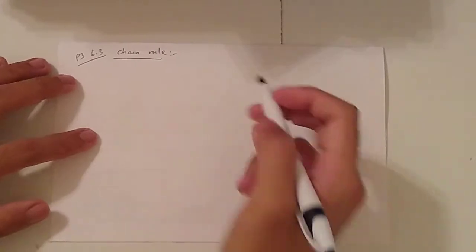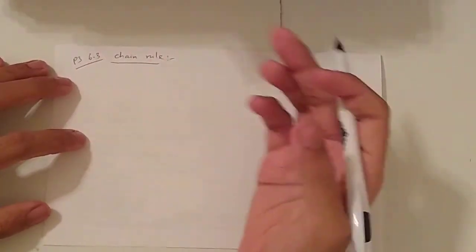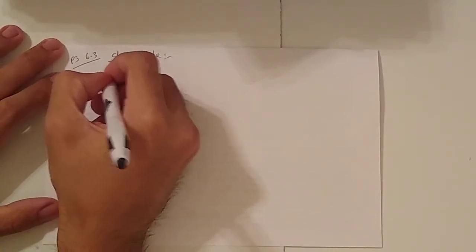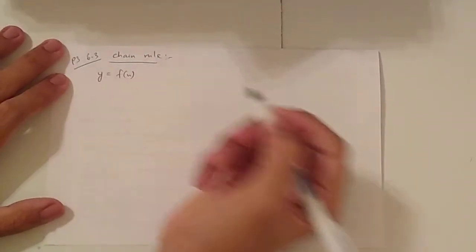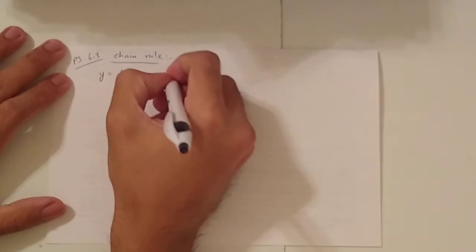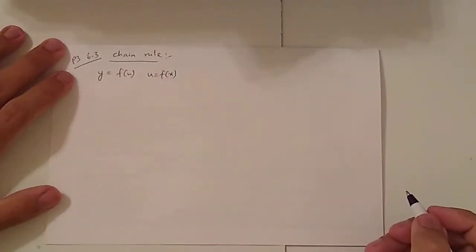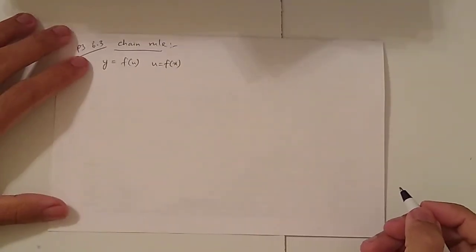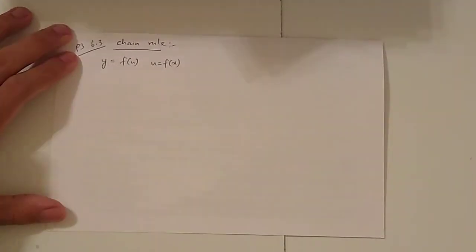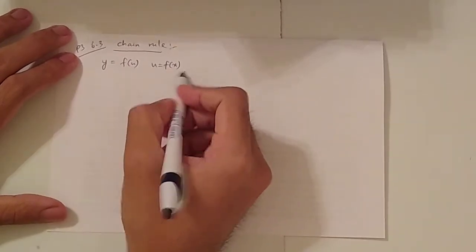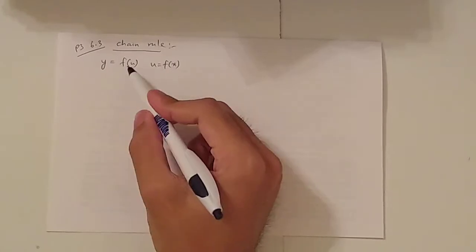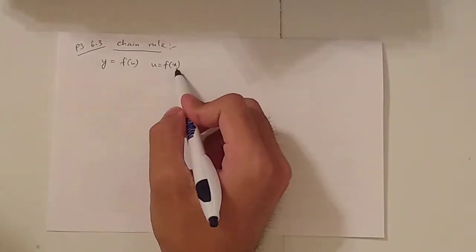So let's consider, the chain rule can be expressed in two different manners. If y is a function of u and u is a function of x, then y is a function of x too.